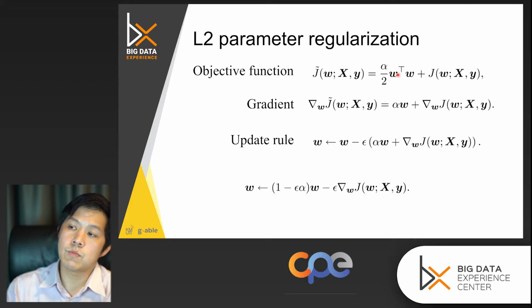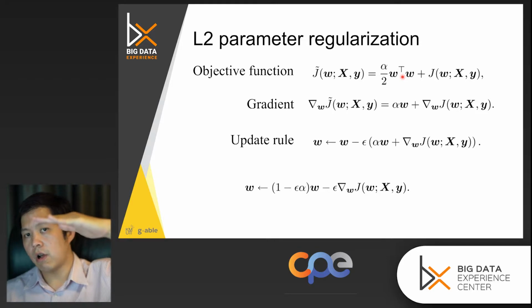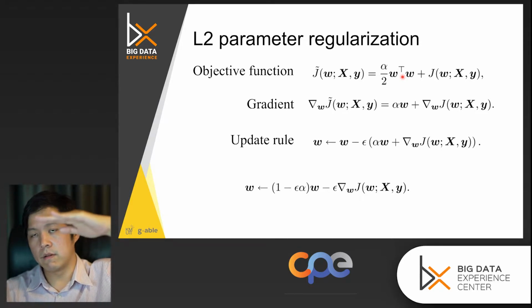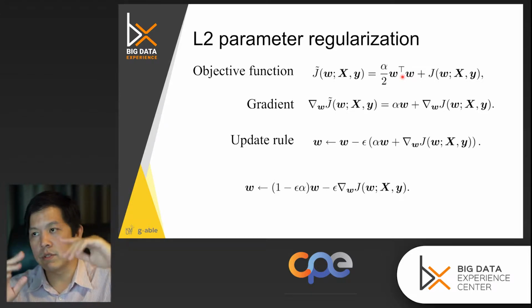Here, this term is W transpose multiplied with W. If you have a row vector and multiply it with a column vector, it's the dot product between the two sequences.